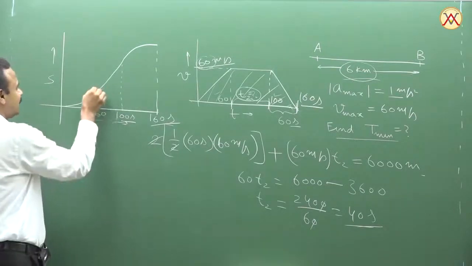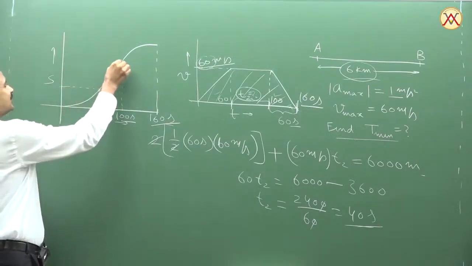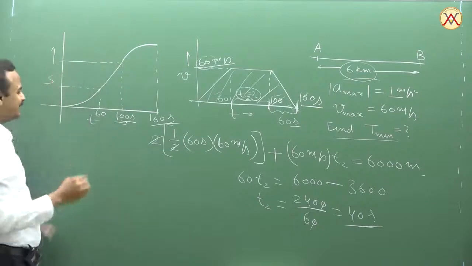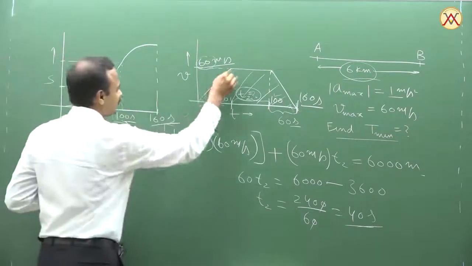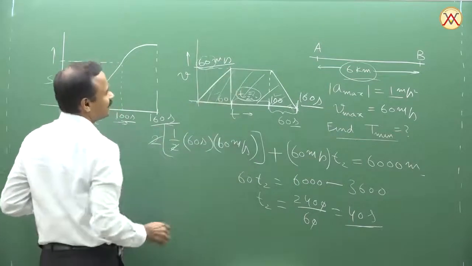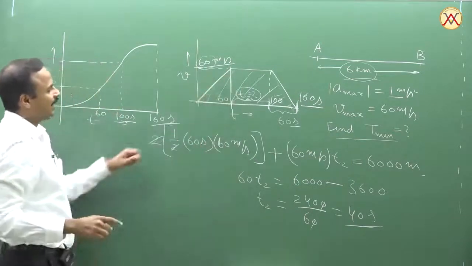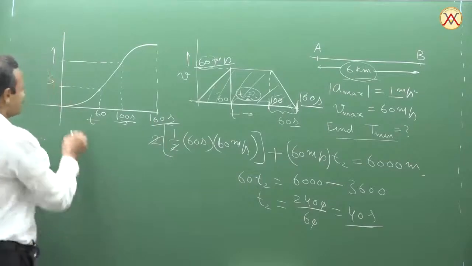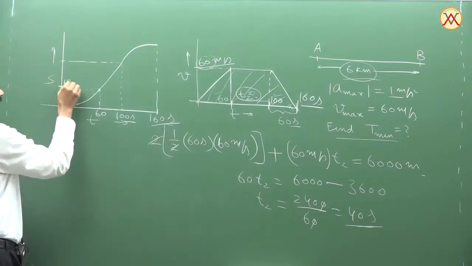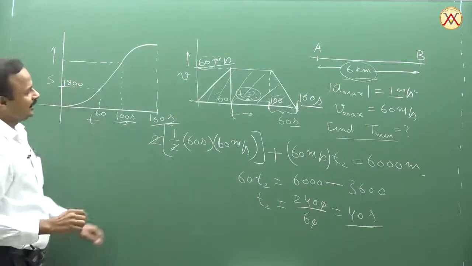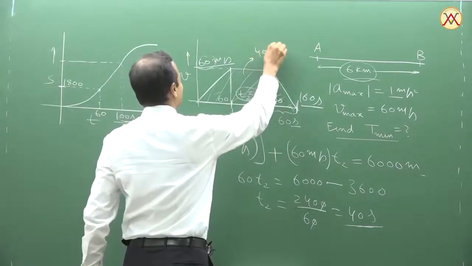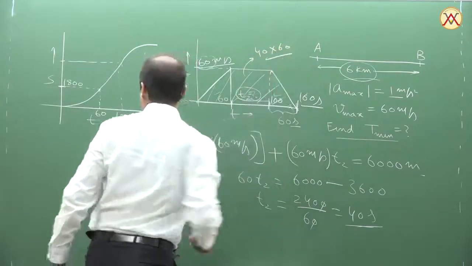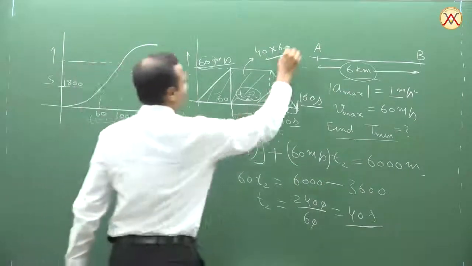If you want to write what the displacements are at these points, see, displacement here will be the area of this triangle. The area of this triangle, you can see, is half of 60 into 60. So how much is it? 1800. 1800 here. What was the area of this rectangle? The area of this rectangle is 40 into 60, so it is 2400.